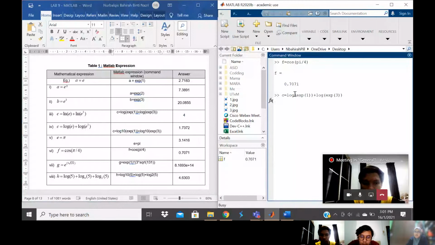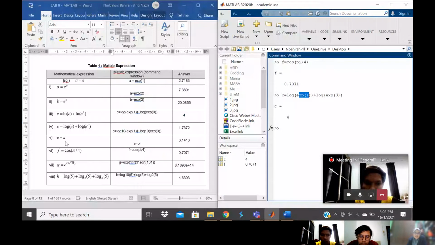For ln e, I'm using log, we call it log e. For the log e explanation, we just write the same as the previous one.